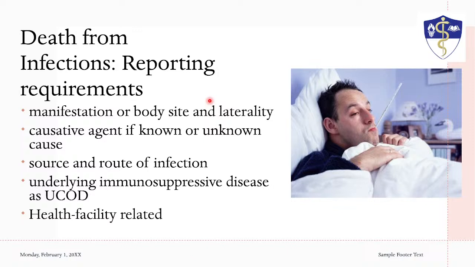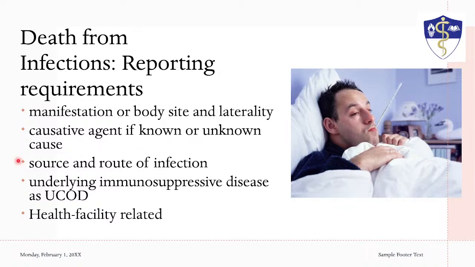So next, reporting requirements. From infections, we're going to neoplasia now. It's almost the same as with cancer. So always place the body site and laterality. Is it the foot, left or right? You have to put it there. Causative agent if known or unknown cause.